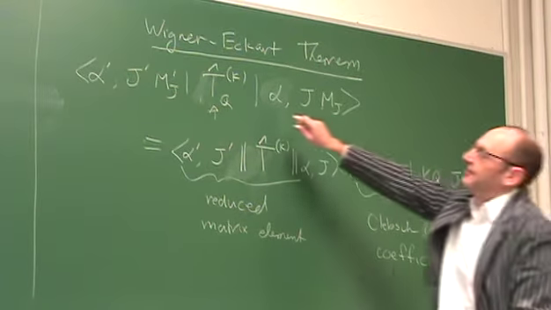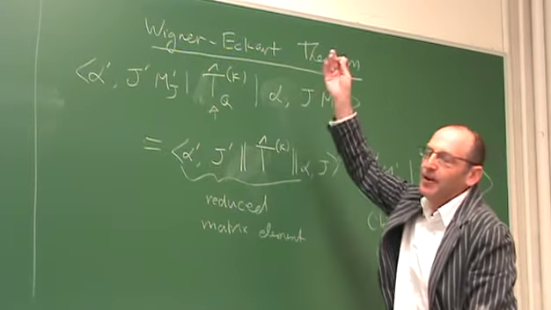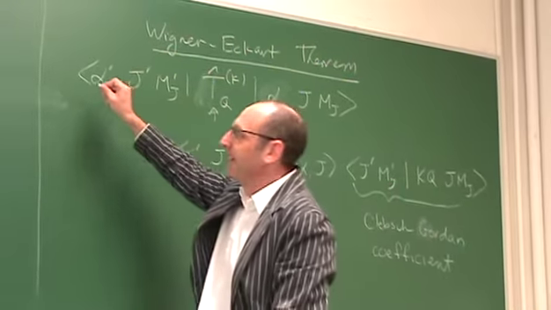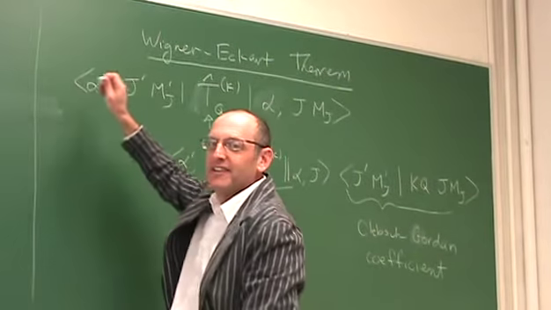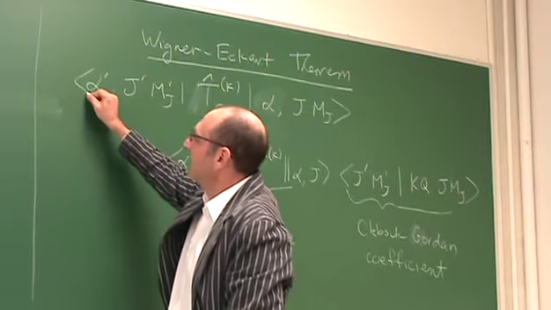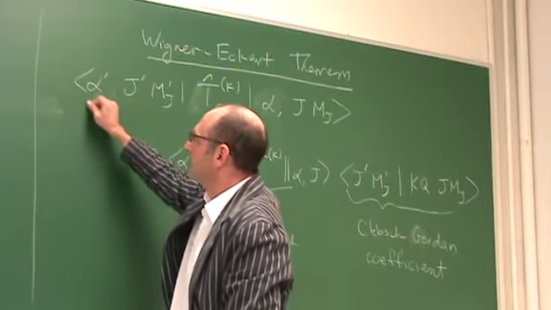Alpha here, why we call it alpha, who the heck knows, but I guess Wigner called it alpha and everyone followed his lead. This just means any other quantum numbers.